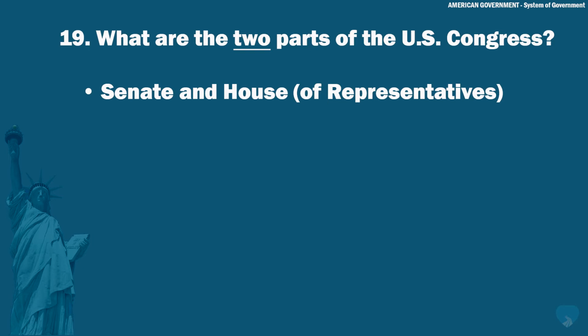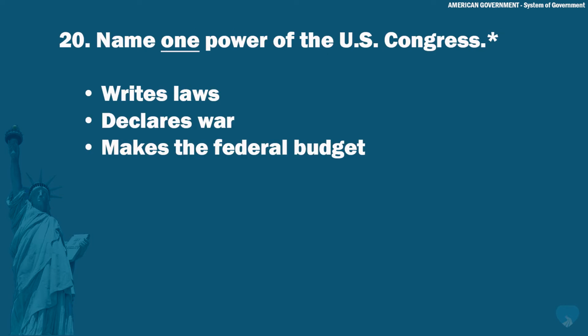Senate and House of Representatives. Question 20. Name 1 power of the U.S. Congress. Writes laws. Declares war. Makes the federal budget.